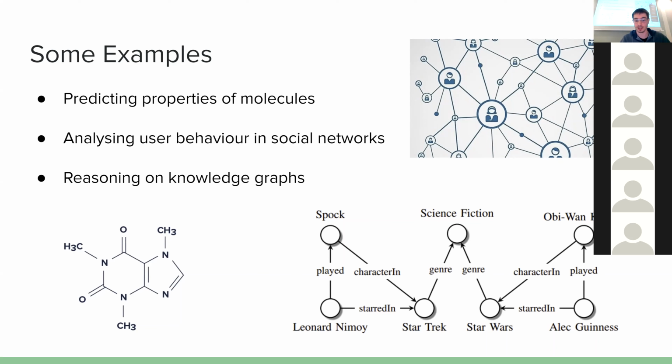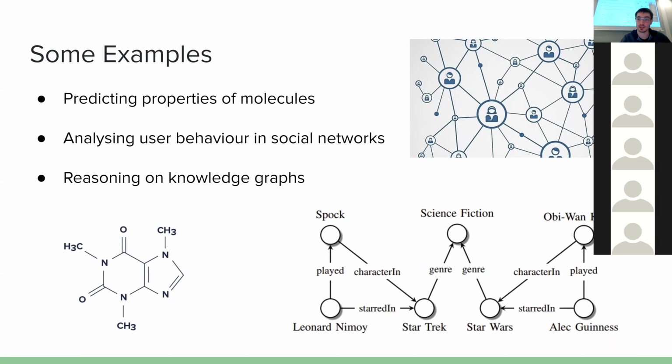Like, for example, if we know that Leonard Nimoy has starred in Star Trek, and that Star Trek is a science fiction series, we can say that Leonard Nimoy has starred in some science fiction TV series. So we can perform reasoning and inference on these graphs using graph representation learning.